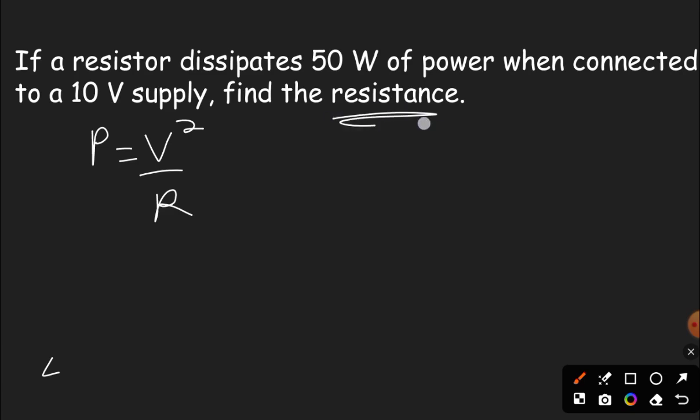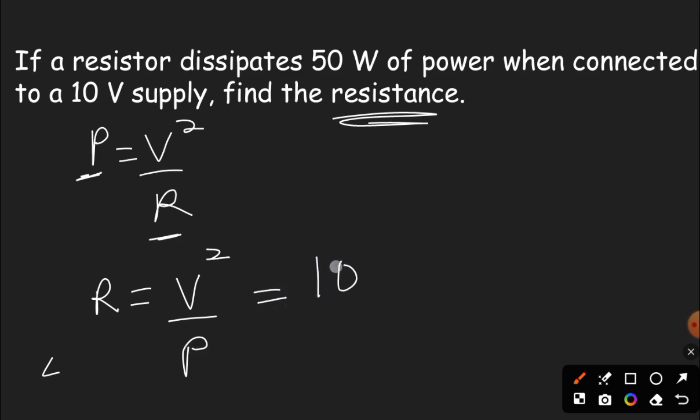So we are supposed to find resistance. Now, if you follow my series, I told you that anytime you want to make a denominator the subject and you have a variable that is equal to a fraction, you just exchange the position. So R equals V squared on P. So we have V to be 10.